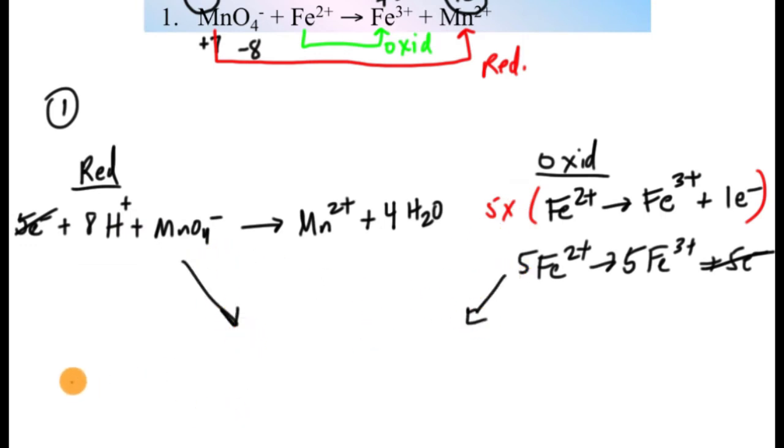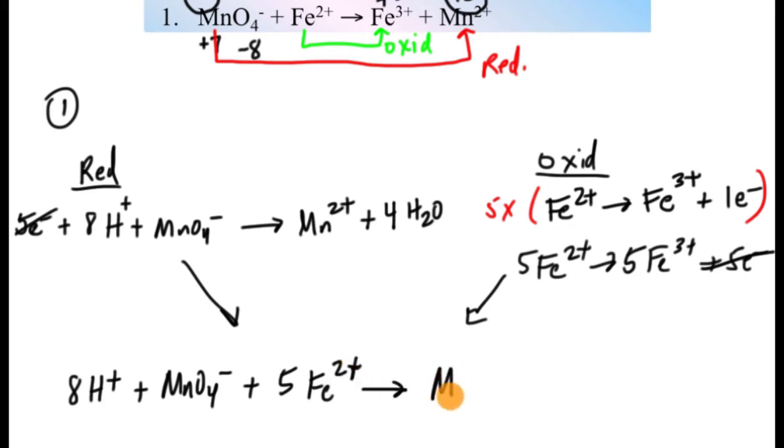So I have 8 H plus hydrogen ions. I have permanganate ion plus 5 iron 2 plus, yields manganese 2 plus, and I have 4 waters, and I also have 5 iron 3 plus.